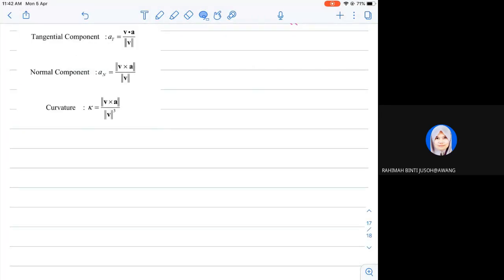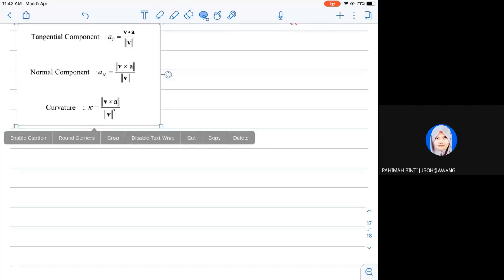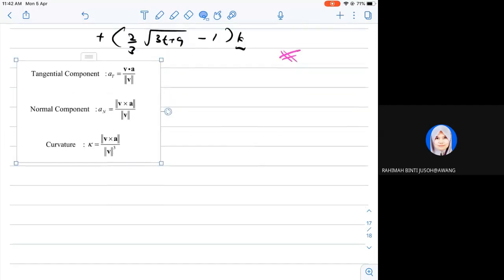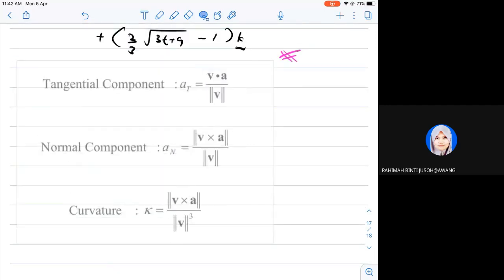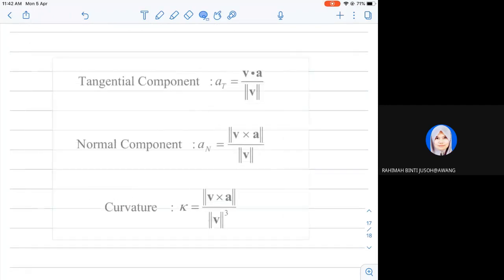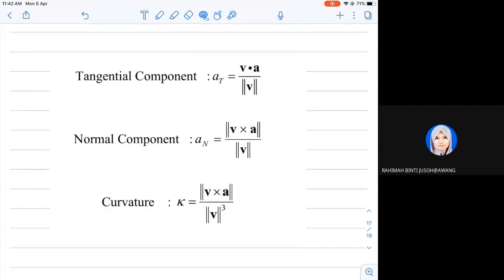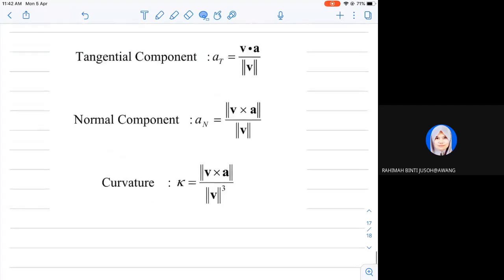We just use this formula lah. Tangential component, normal component and curvature. Curvature ada lagi formula baru dia. Maksudnya total formula untuk curvature ada 4. Tadi ada 3 kan? Kita belajar yang ni yang keempat lah.